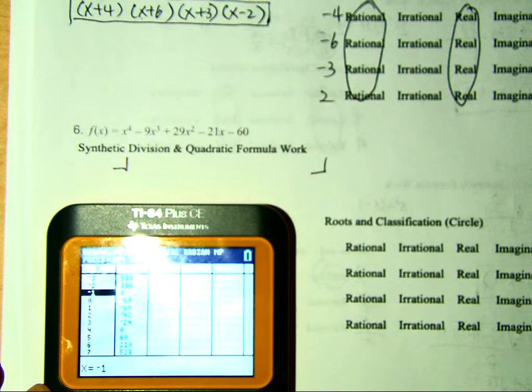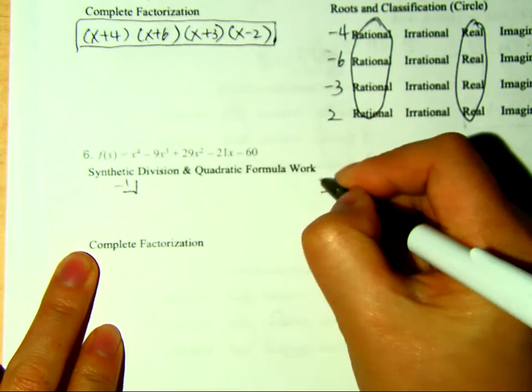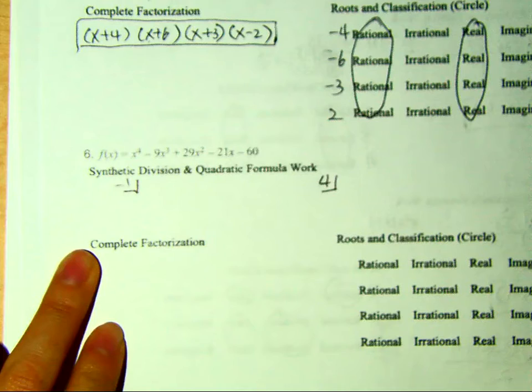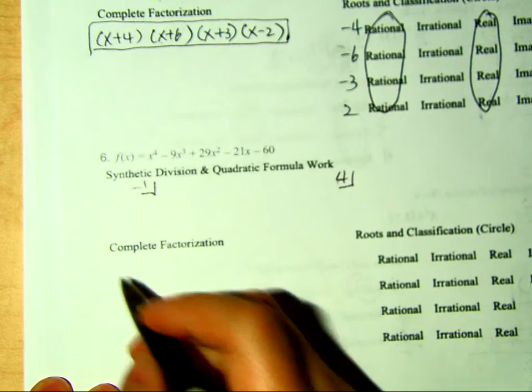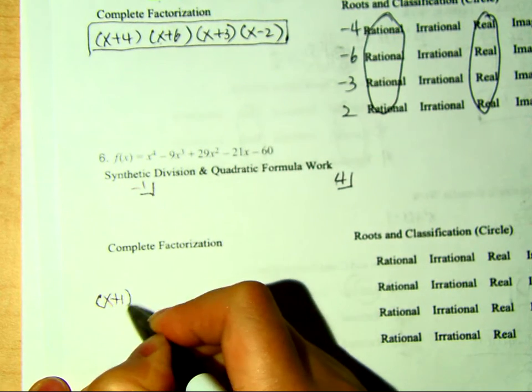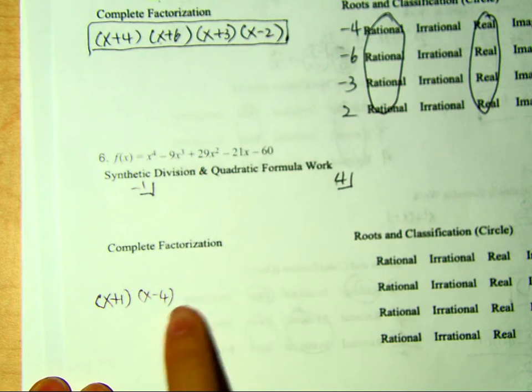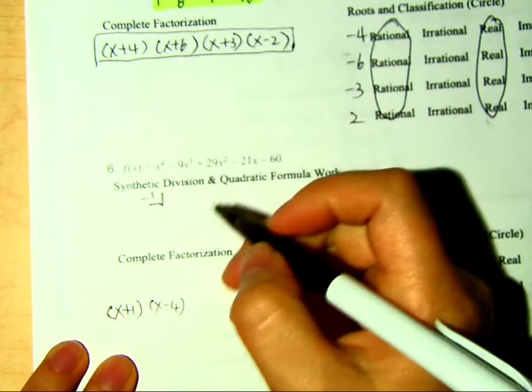We have negative 1 and a positive 4. If you know these 2, you should already know these 2 factors. One is x plus 1. The other one is x minus 4. Let's figure out the other 2 later.